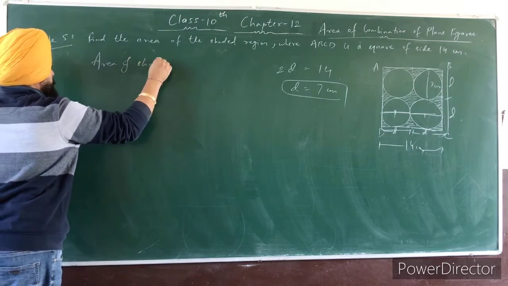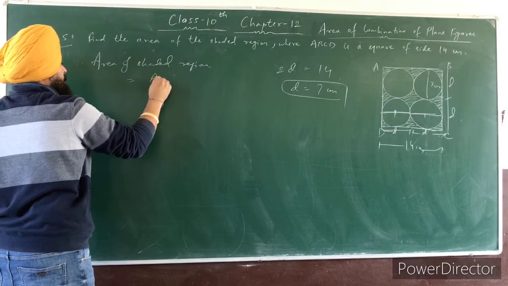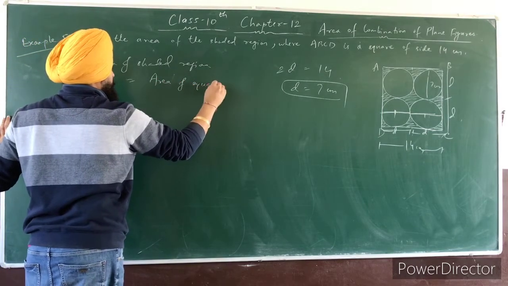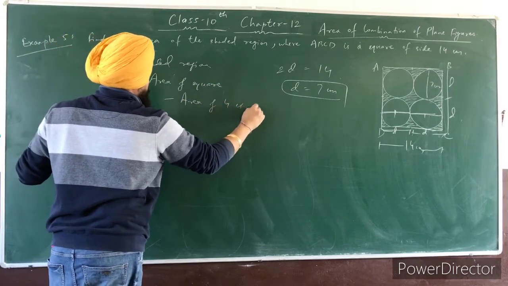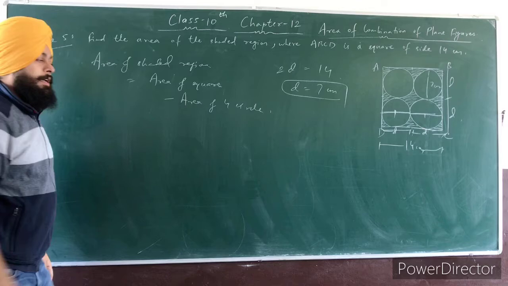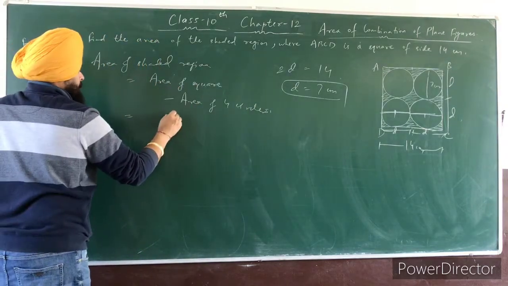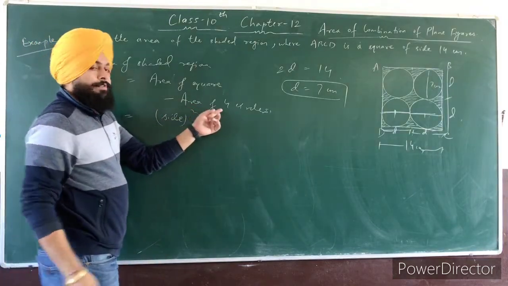Area of shaded region is equal to area of square minus area of 4 circles. Area of square is formed by side into side. You can see side square, and there are 4 circles.